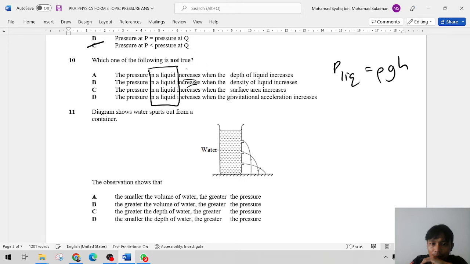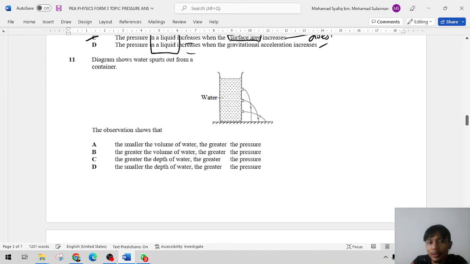Gravitational acceleration increases, correct. So surface area, no surface area in the equation. So surface area does not affect the pressure in liquid. Doesn't affect, right? So that is the one not true. So we need to make sure we completely notice that we want the wrong statement.